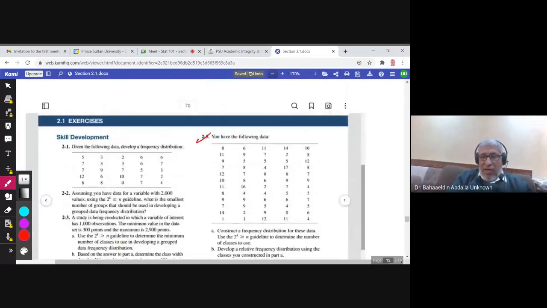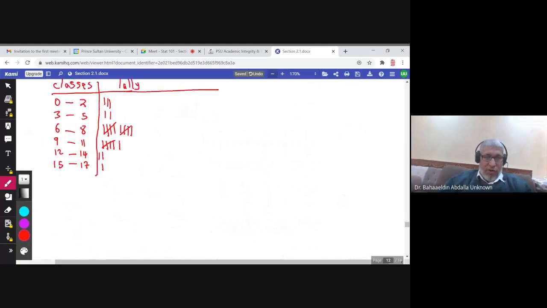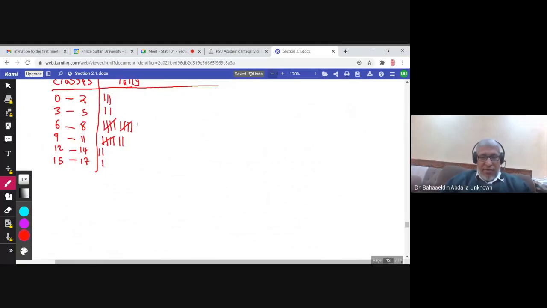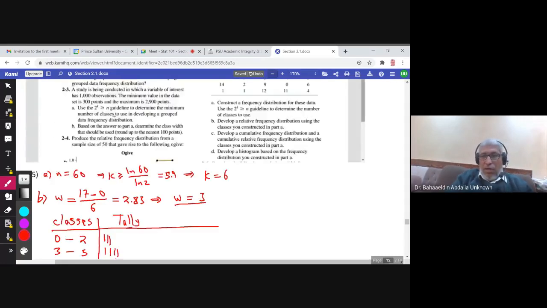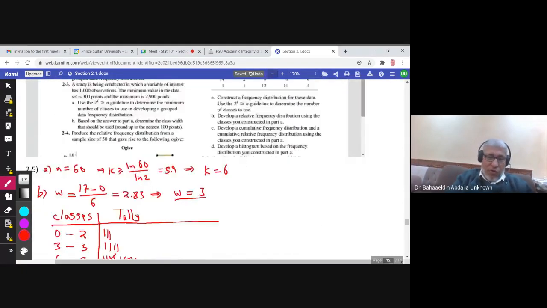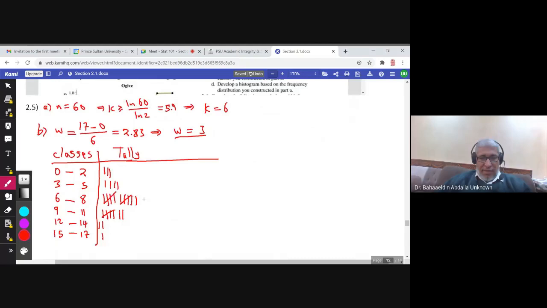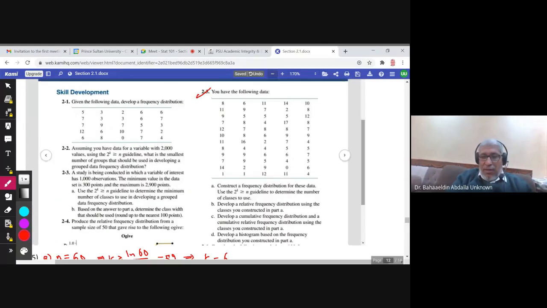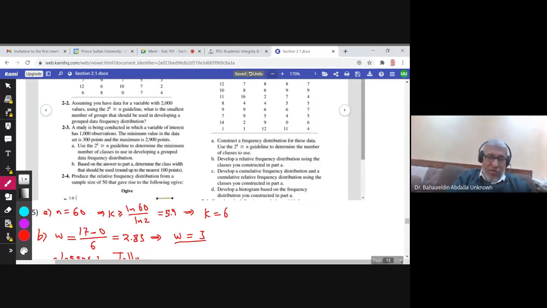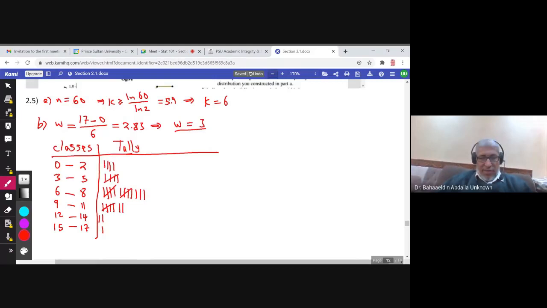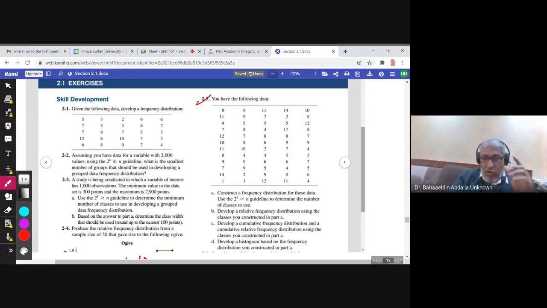The third column: 11, 7, 5, 4. 8, 6, 2, 4. 6, 5, 9, 12. I finished the third column.